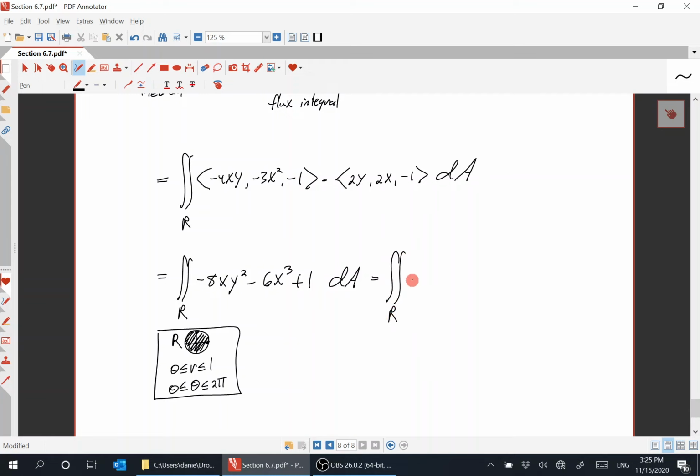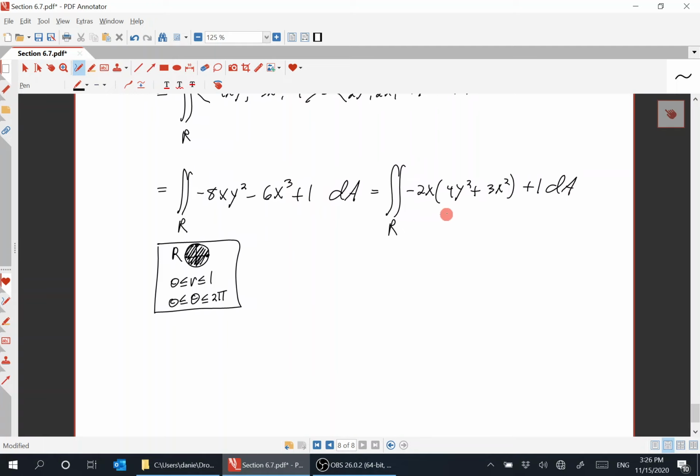So I'm going to factor out minus 2x. And then I'm going to be left with 4y squared plus 3x squared plus 1 dA. So that's equal to the double integral over R of minus 2x times y squared plus 3x squared plus y squared plus 1 dA.